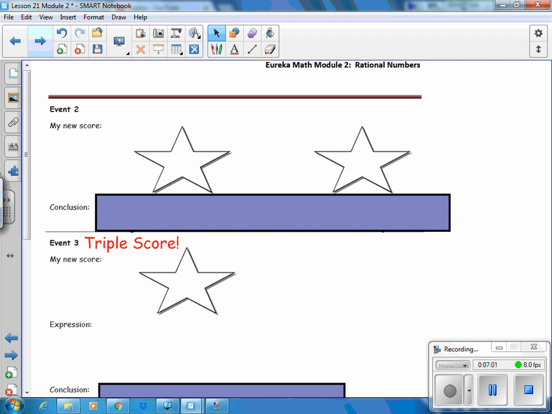For event number 2. So again, our cards, let's write those down at the top. Our cards are -2, -1, and 2. And our other cards, their partners' cards, are 0, -2, and 1.